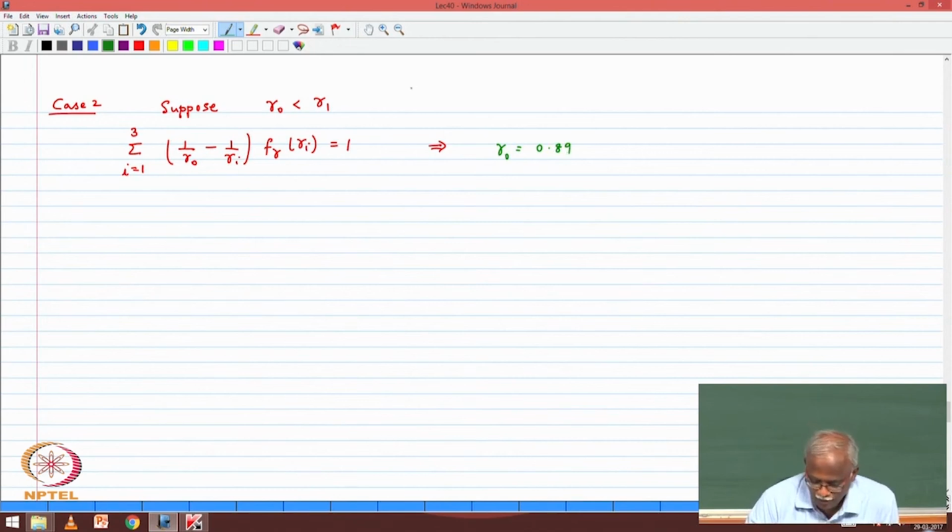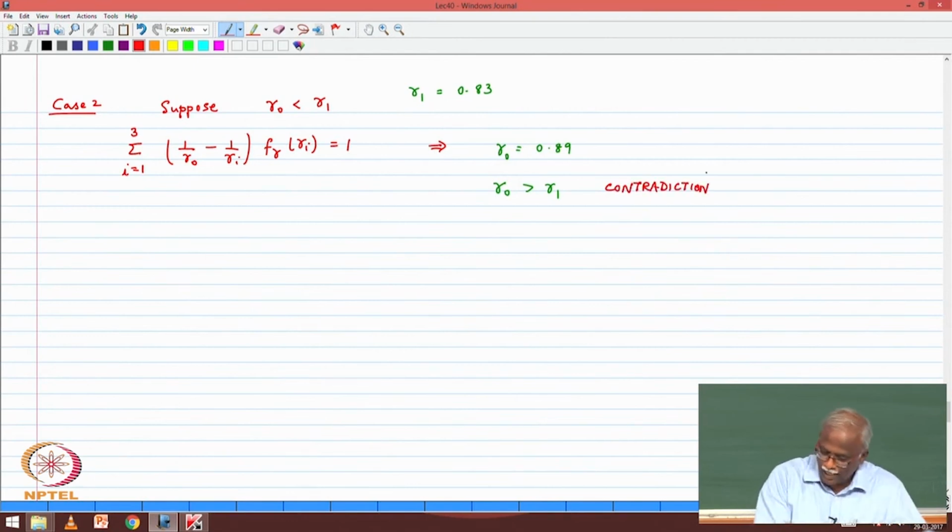Okay. What is gamma 1? 0.83. So actually gamma naught is greater than gamma 1, and we say, okay, there is a contradiction. So under this condition of trying to include gamma 1 also, you find that actually there is no water level that will satisfy the condition.